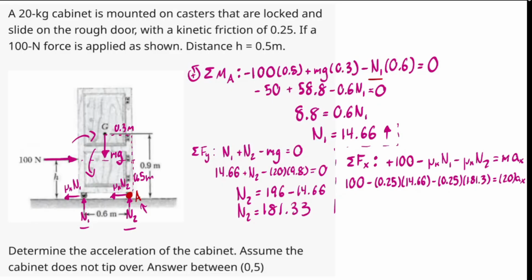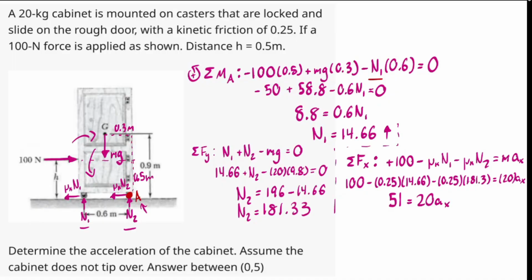Right? And then when I do the sum of the terms on the left side, I get 100 minus 0.25 of 14.66 minus 0.25 of 181.33, and that's going to be almost exactly 51. And that's going to be equal to 20 times our acceleration in the x.